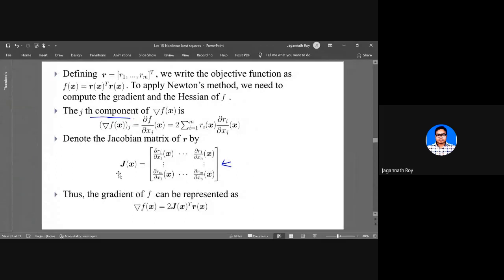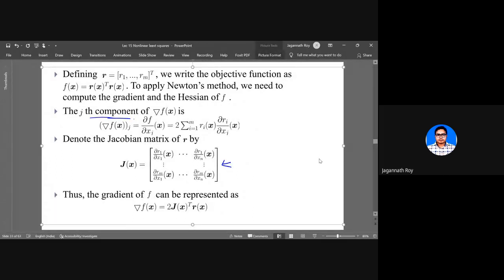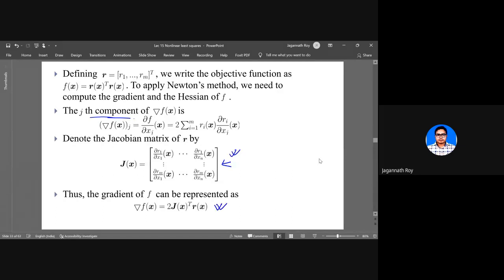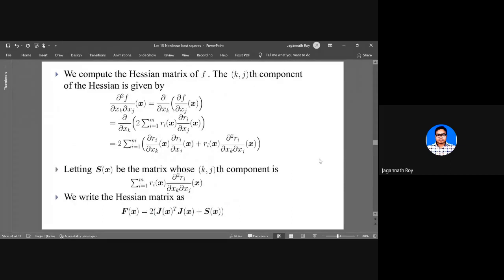So these are the equations that we have. We have found the Jacobian, then the gradient, and then we have found the Hessian matrix. The i, k, j term component of the Hessian matrix will be calculated of this form. This Hessian matrix is denoted by this one. They are calling it Sx, where I have called it Tx.